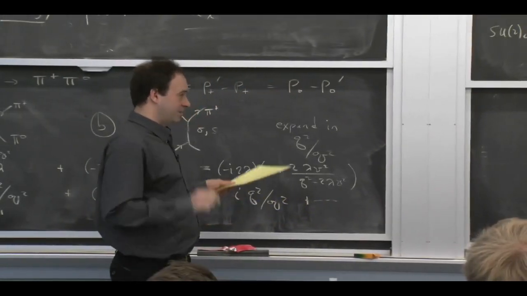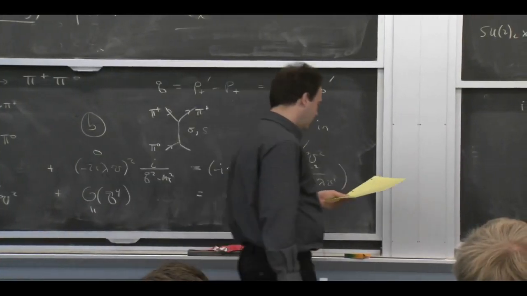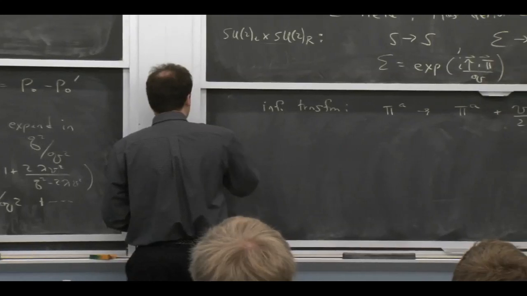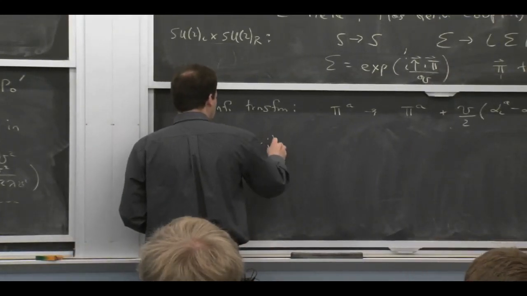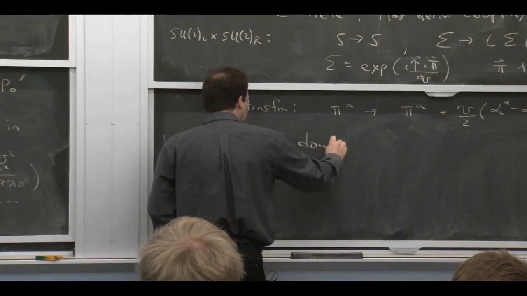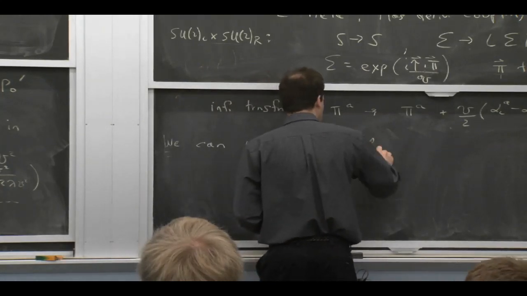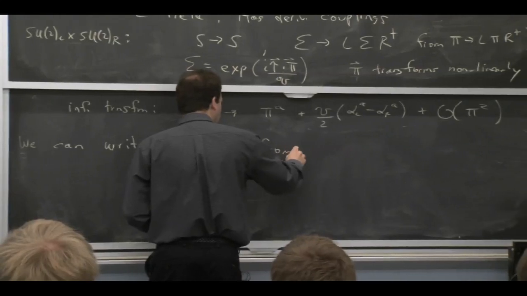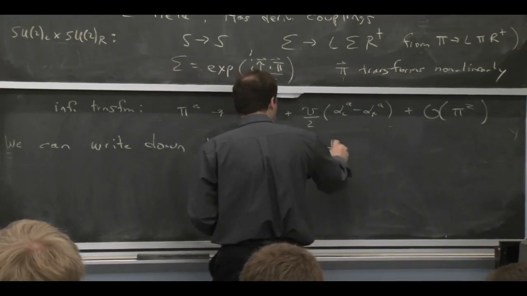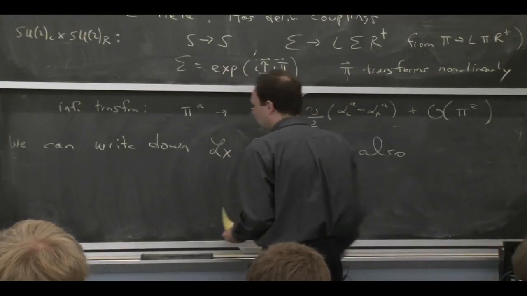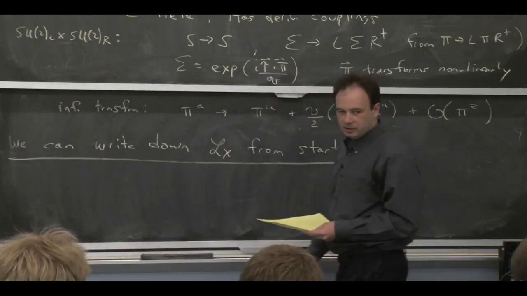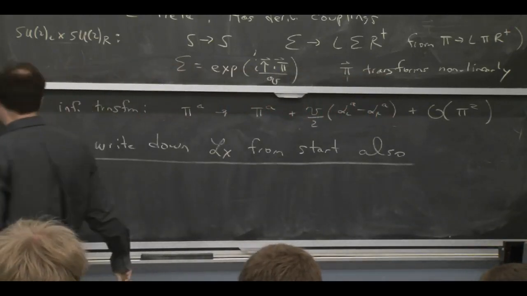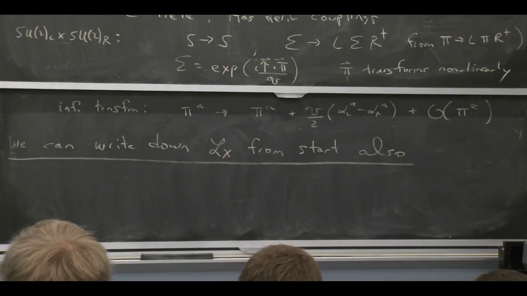You'd really like to just get right to the chiral Lagrangian from the start. And you can do that. So rather than going through the linear sigma model, we could also just directly get to where we want to go. And here's how you do that.